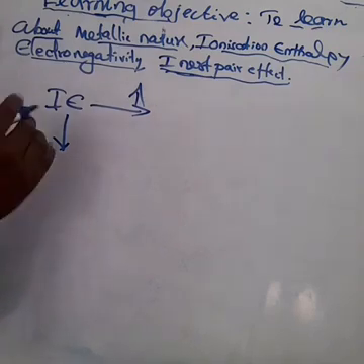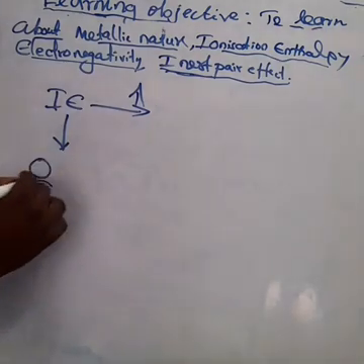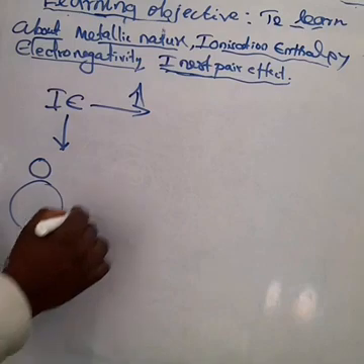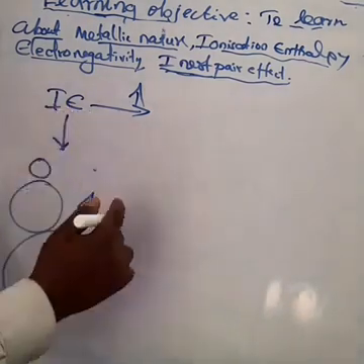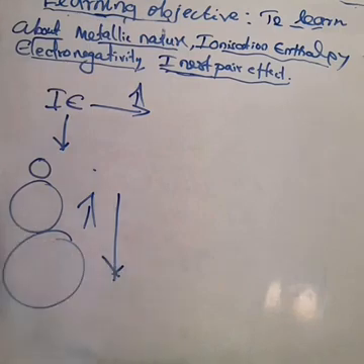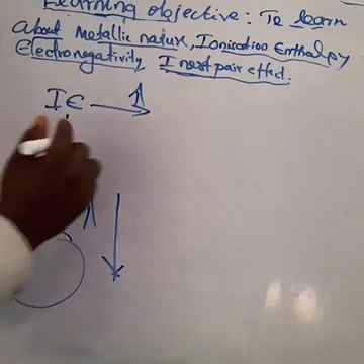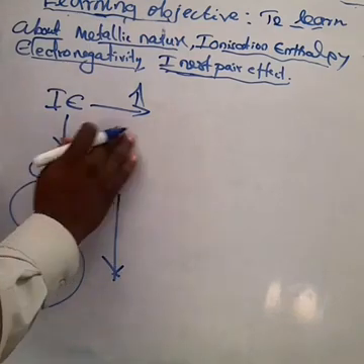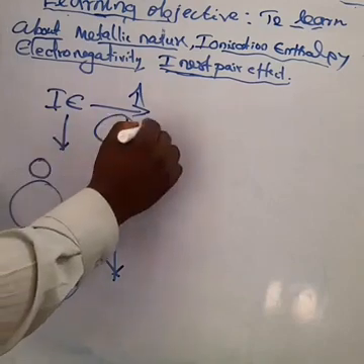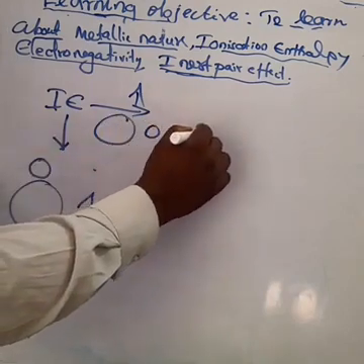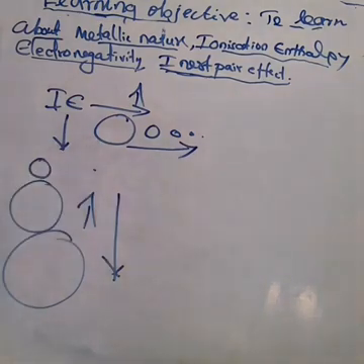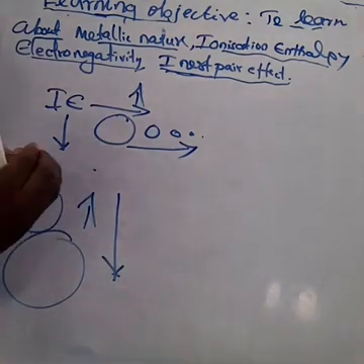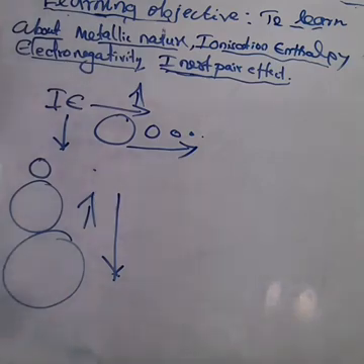Don't forget that. When atomic radius or atomic size increases, ionization energy decreases. When atomic size decreases, ionization energy increases. So if size is big, ionization energy is less. If size is small, ionization energy increases. Okay, this is about that.